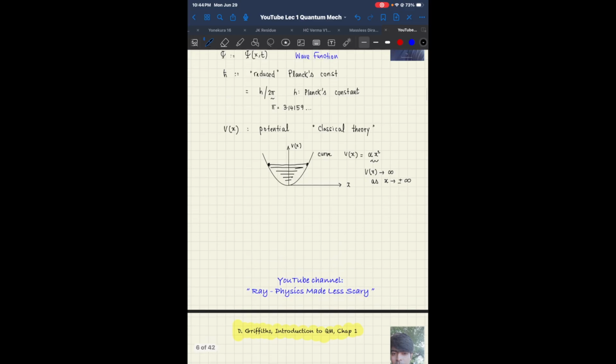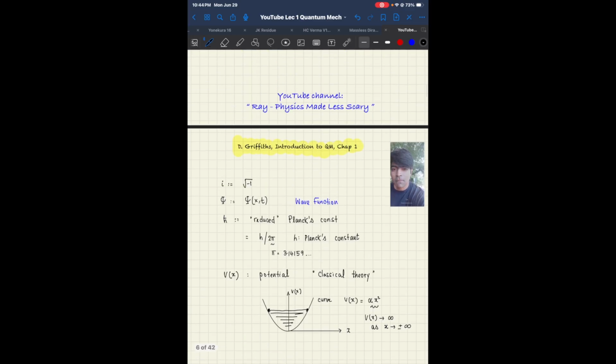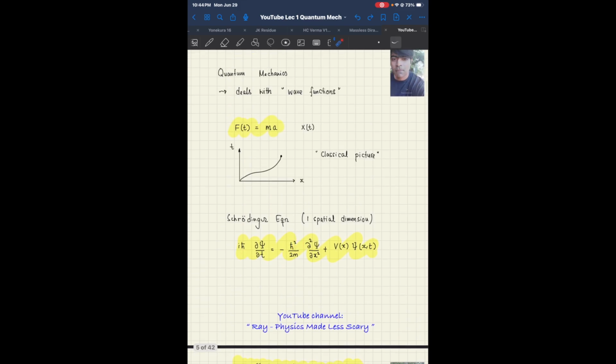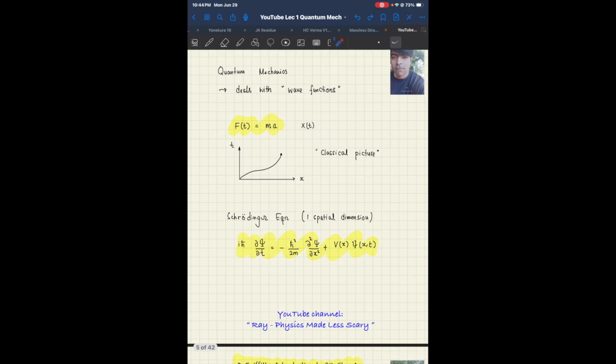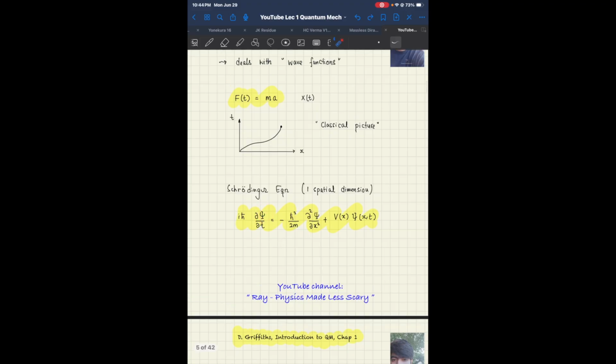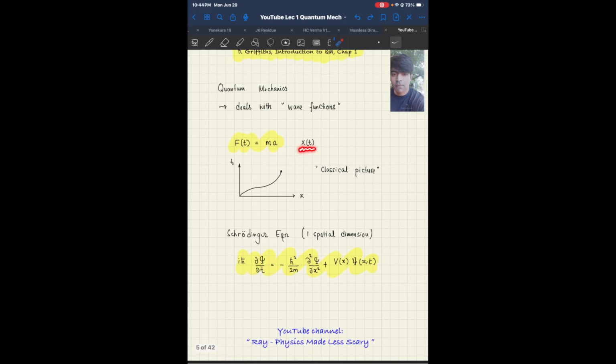Right. So at least the new players are understood, right? To briefly recap, this is the square root of minus 1. This is the reduced Planck's constant. m is the mass, the same mass that you have here, for example, the mass of a particle. Psi is something that you would be solving for, exactly as you solve for x of t here.